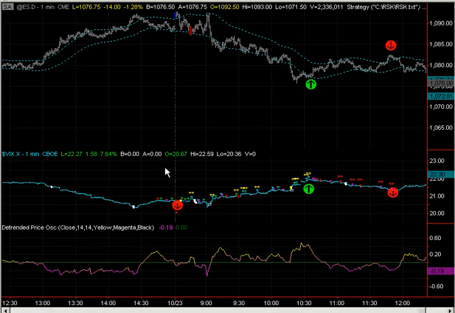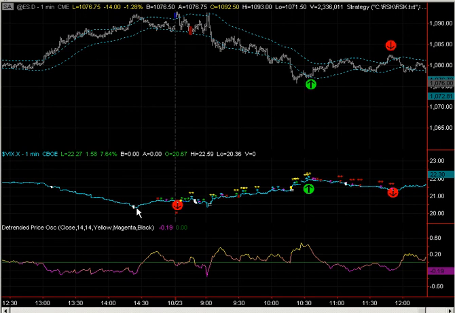So now let's take a look at this. We're looking at October the 23rd, 2009, 1 minute chart of the VIX and a 1 minute chart on the Spoos. Now look at this. Right here we have a new high on the Spoos. That corresponds to this new low on the VIX.